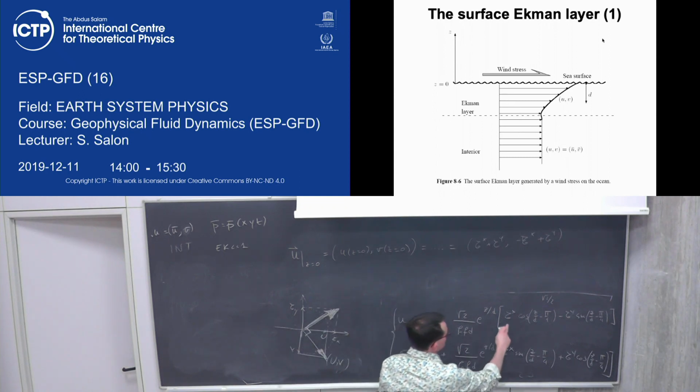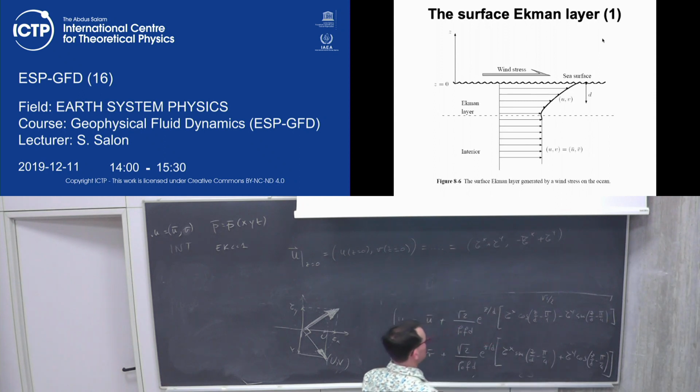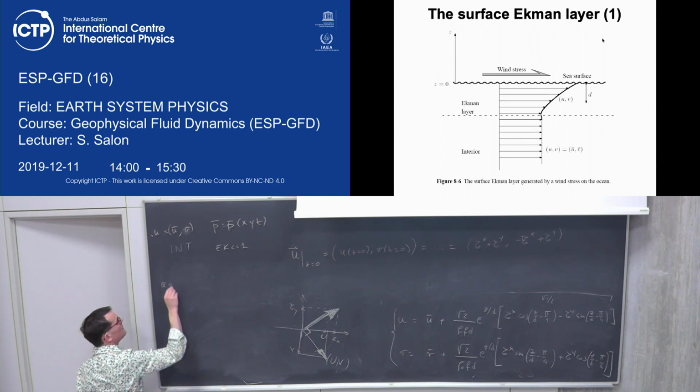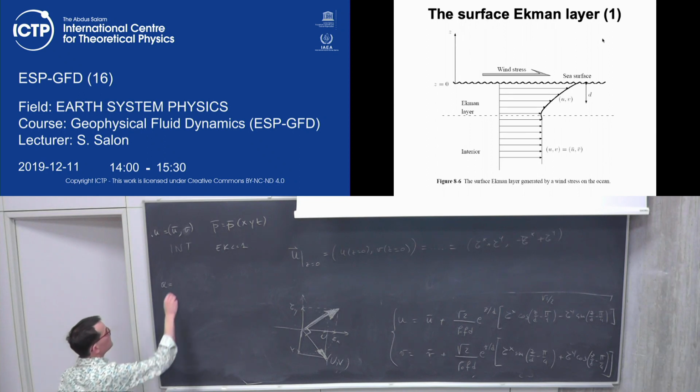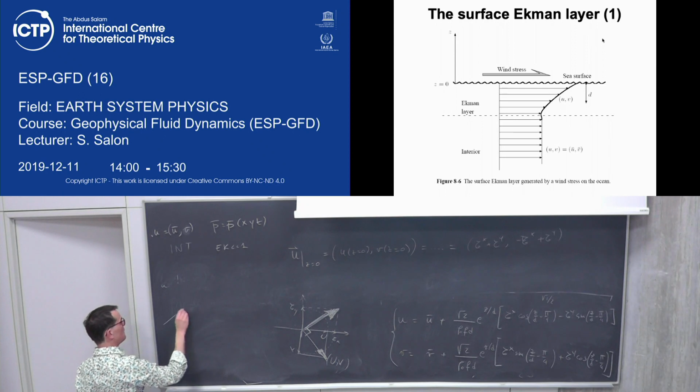So actually, since now tau x and tau y are present in both of the two components, we can, of course, find again the angle.